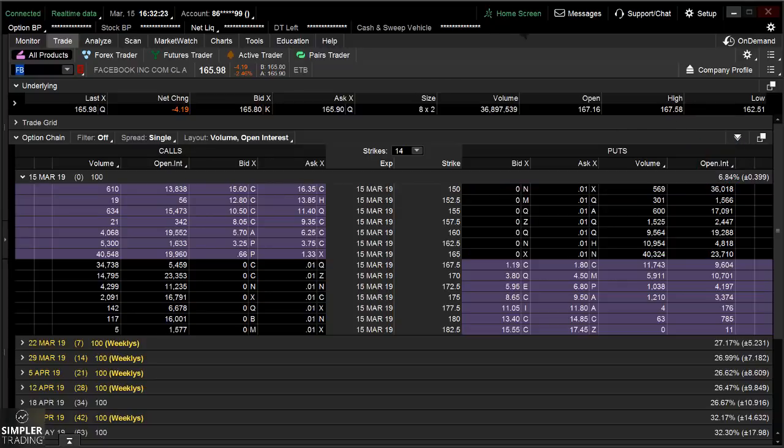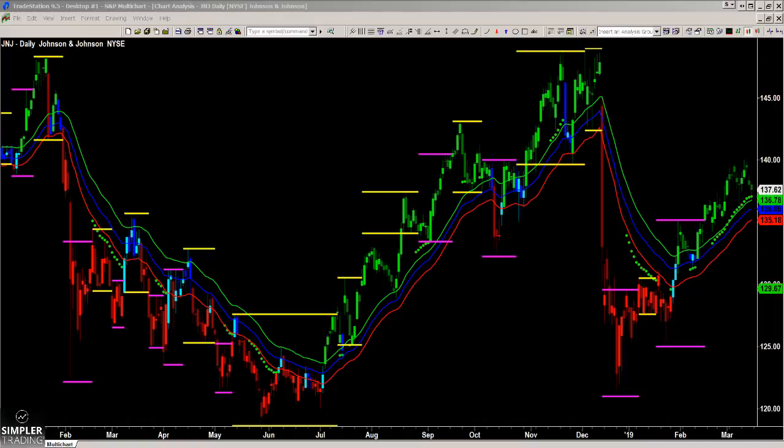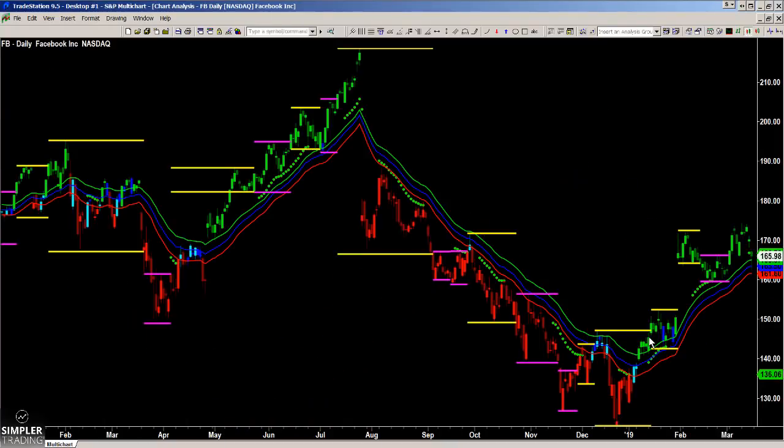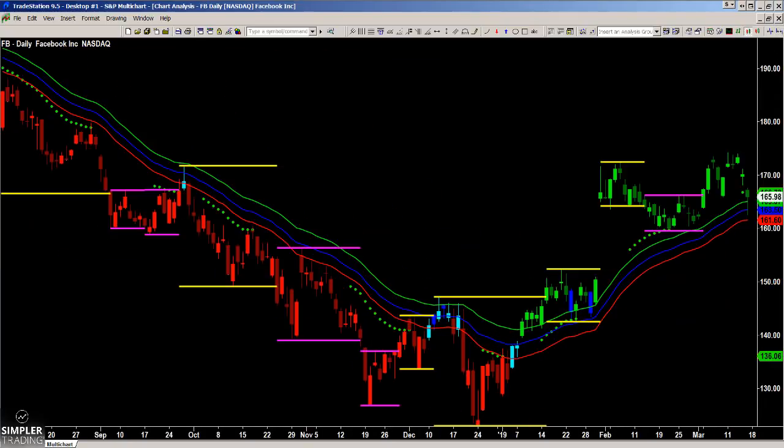Now, if those high open interest levels correspond with levels that I am interested in buying, so let's go back on over to Facebook since that's the chain we just looked at, then I will look for the pullback opportunity. In this case, the zone for the entry right in here starts at about 166, even above 166, and goes down to 161.5.